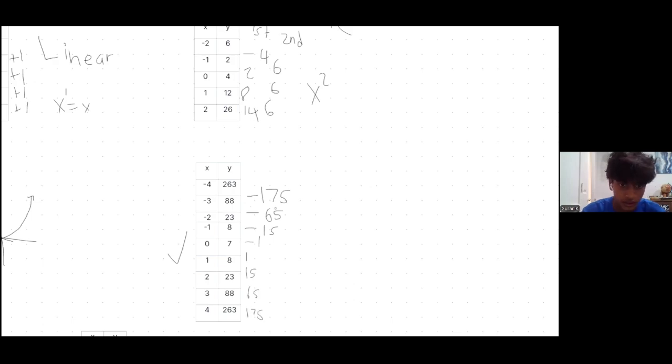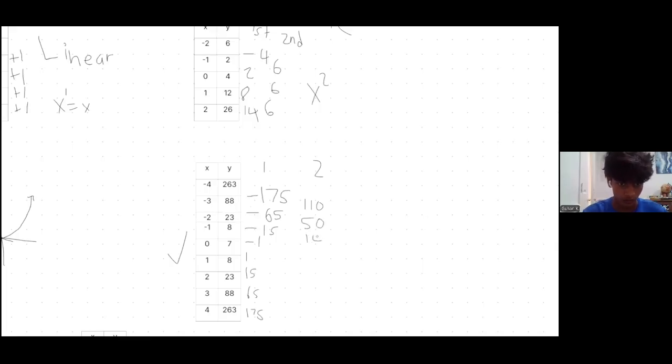Okay, our first difference is not looking good. Now let's go to our second column, our second difference. Negative 65 minus negative 175 is 110, so it's going up by 110. Then negative 15 minus negative 65 is going up by 50. Here it's 14.